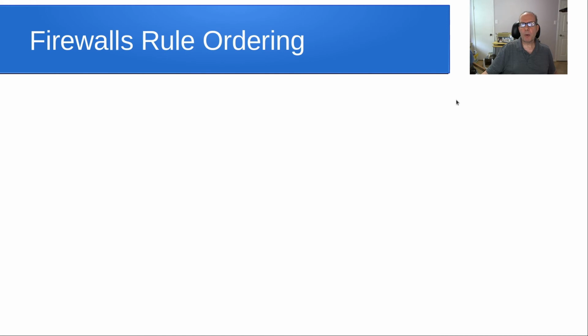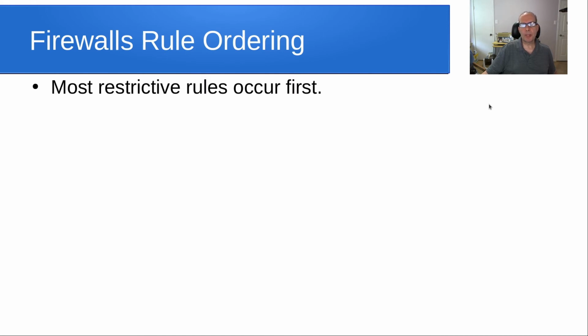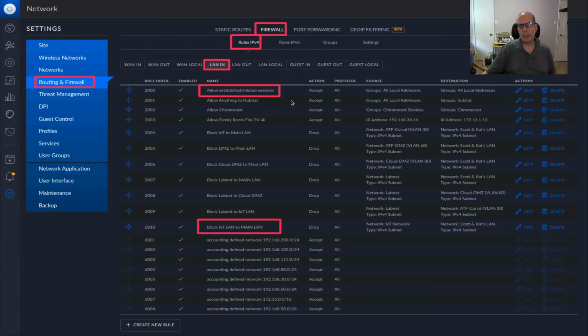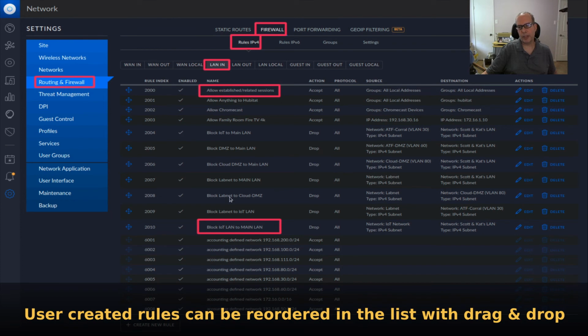So what about firewall rule ordering? Well, order's really important. The most restrictive rules should occur first. And then allow rules should occur before deny rules. So for example, in this case, the allow established related sessions rule that we created is occurring first in my list, but the block IoT LAN to main LAN is down at the bottom.